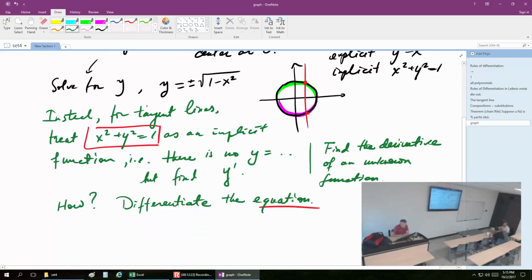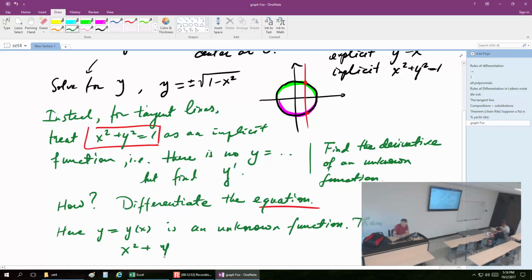So let's first understand what it means. First of all, y is an unknown function. Then our equation turns into this: x squared plus y of x squared is equal to 1.